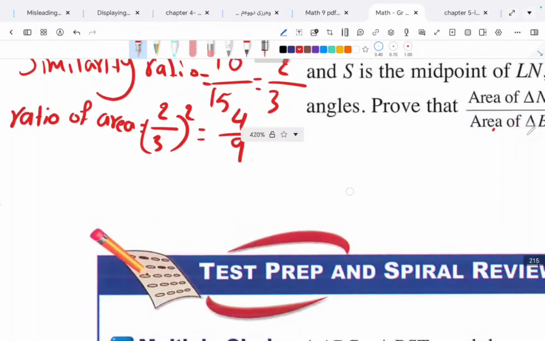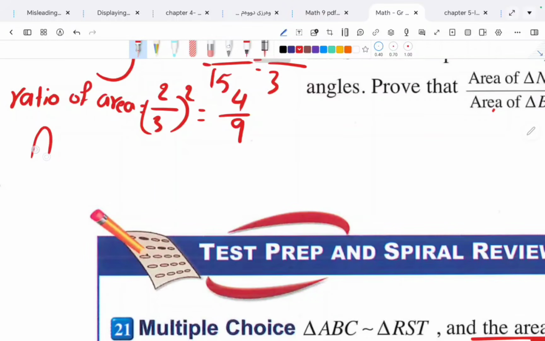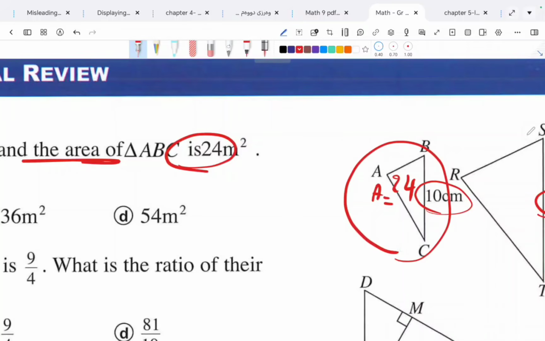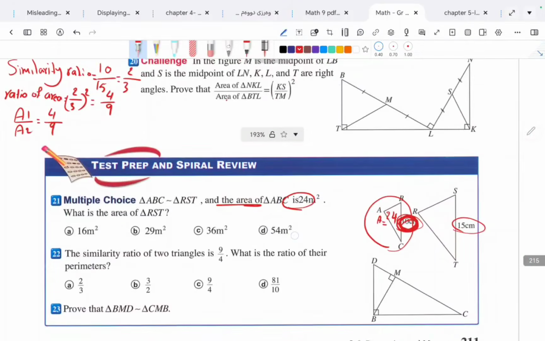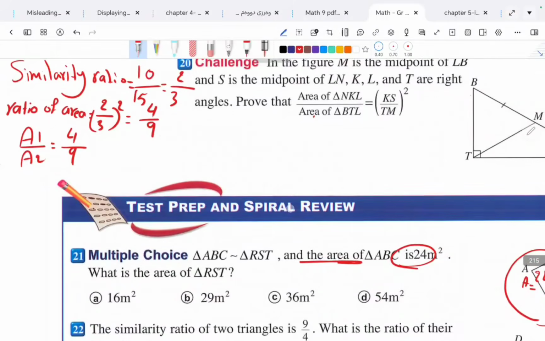Now you can find A2. A1 out of A2 equals 4 out of 9. As you can see, the area given for ABC is 24. Why do we put this one as A1? Because we started with 10 on this side. That's why it will be the smallest one, A1, and the other one will be A2.